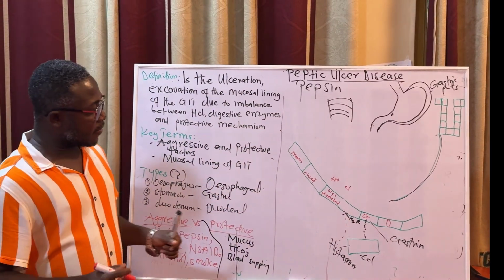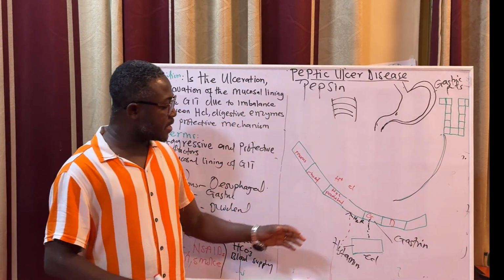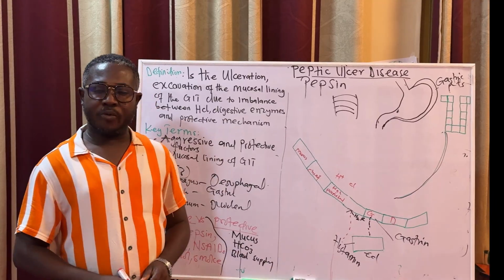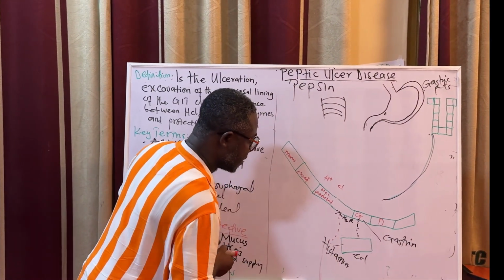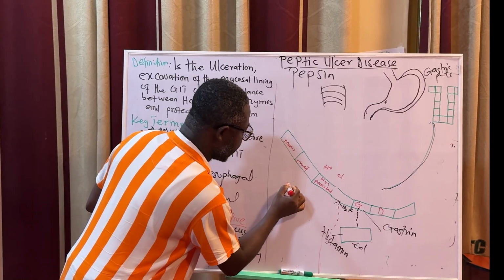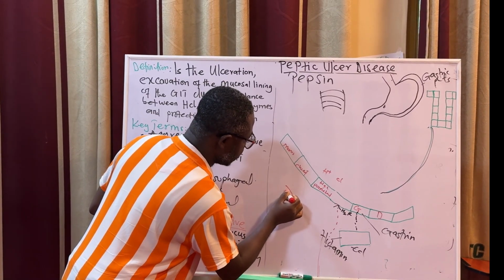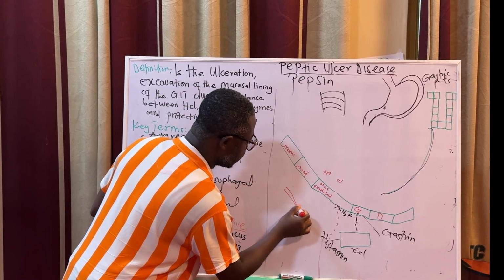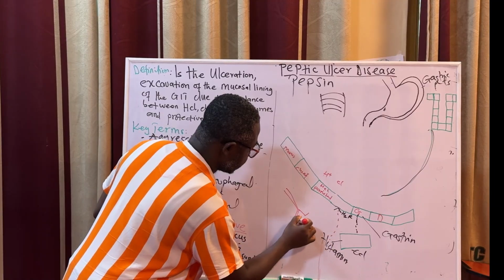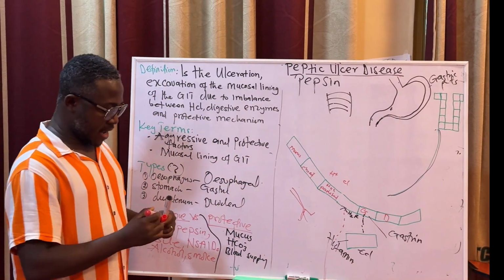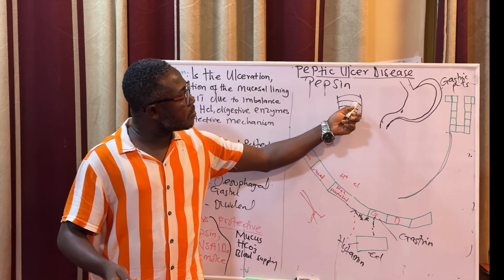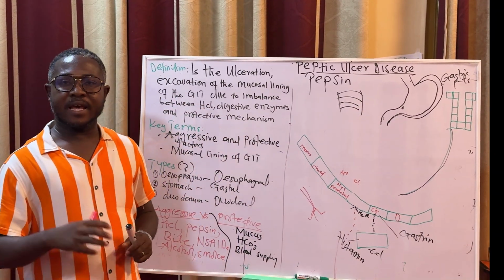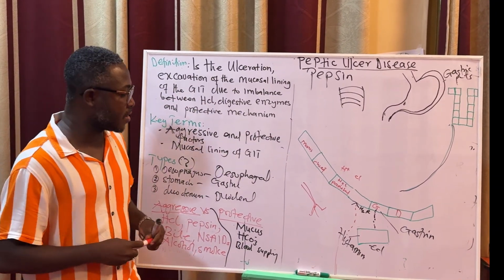Now, another factor which also helps in the production of hydrochloric acid is our nerves. So let's assume that this is a nerve, and we know that within the submucosa there are certain nerves which is known as the vagus nerve.